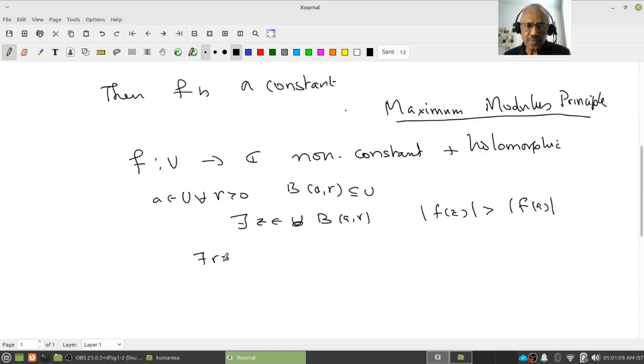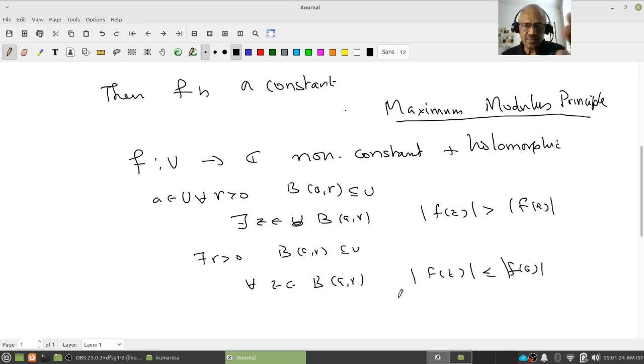That means there is an r positive so that B(a, r) is contained in U, but for every z in B(a, r), I have mod f(z) is less than or equal to mod f(a). But if I believe in the maximum modulus principle, that will mean f is a constant. But our assumption is f is not a constant. So, I claim this is an equivalent version.